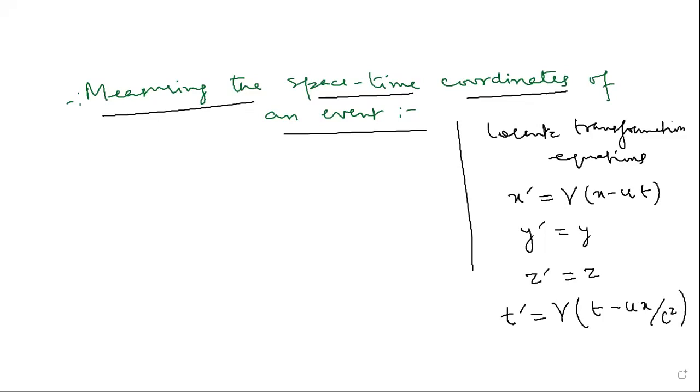We also discussed in the last lecture inverse transformation equations. Then we discussed interval transformation equations and inverse interval transformation equations. The basic idea was this. I'm just refreshing your memory so that I can continue.